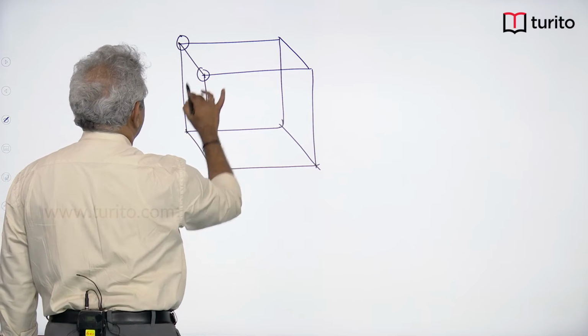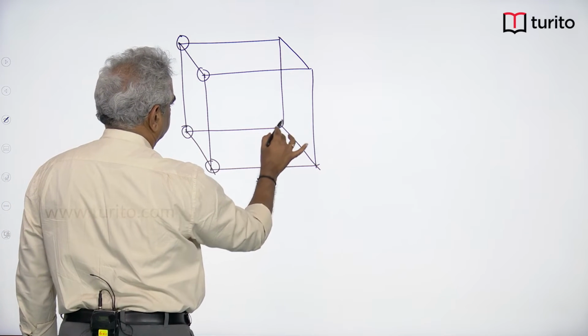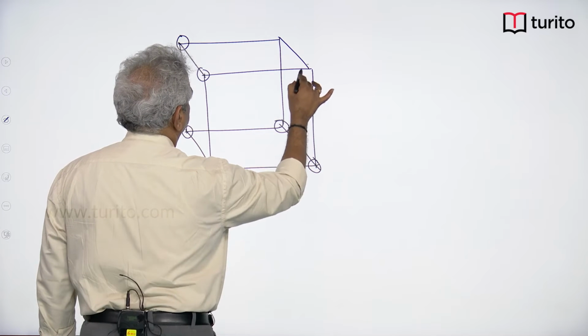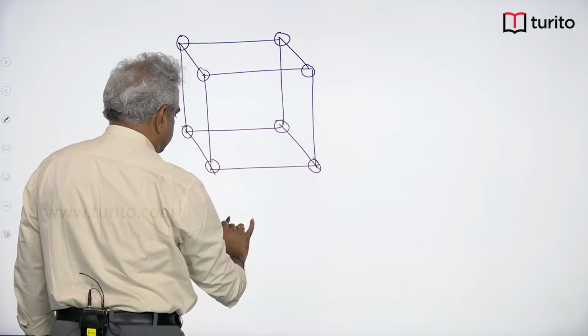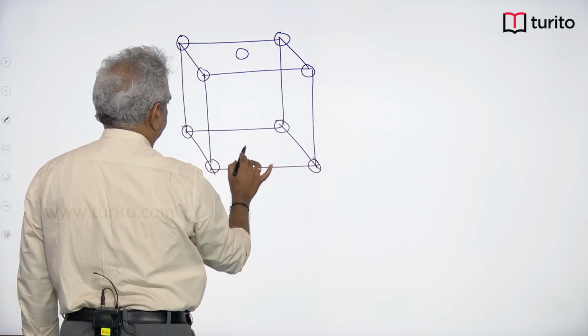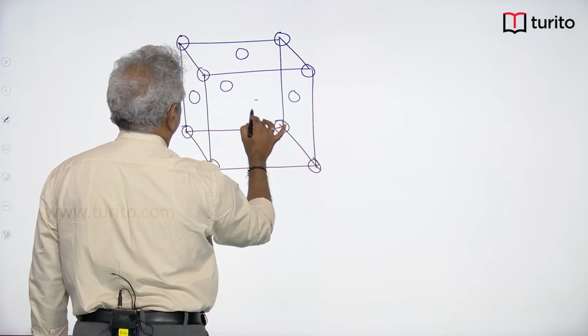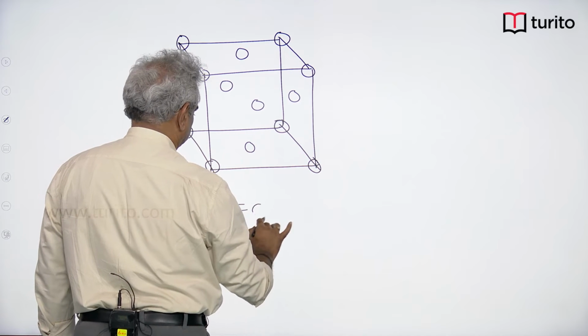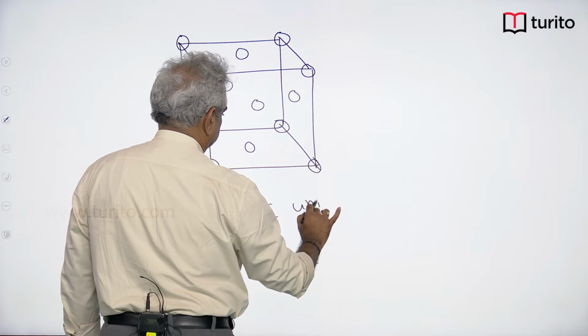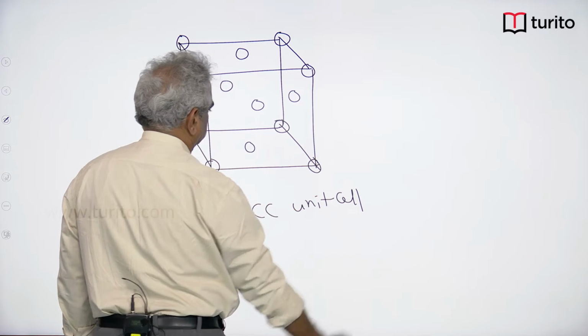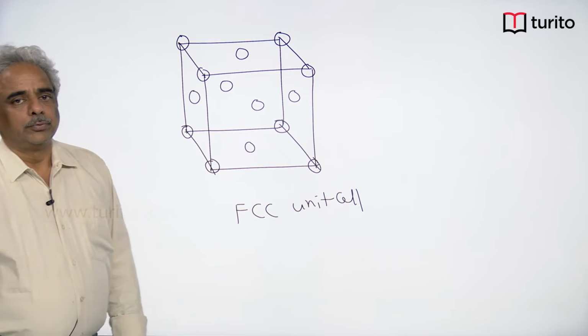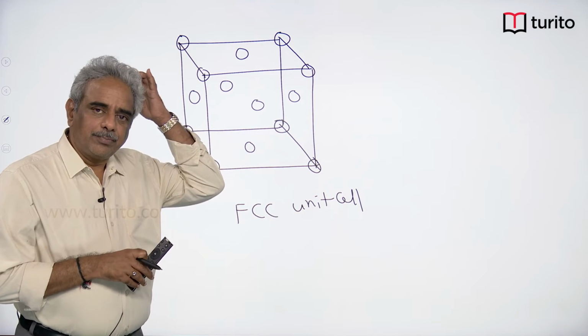See, all corners have atoms. So, this is the FCC unit cell I am drawing, with all corners and face centers.